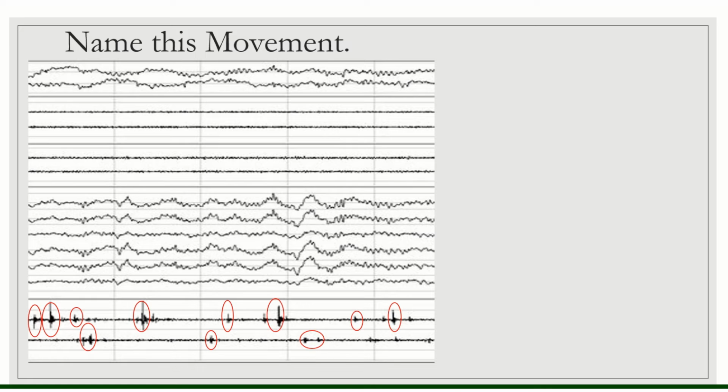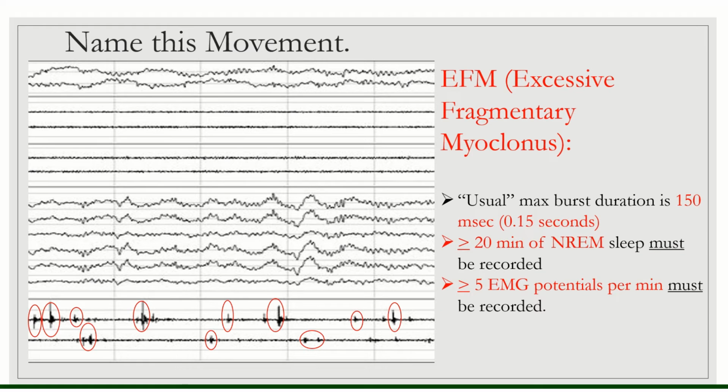All right, so name this movement. What do you think this movement is? This movement is excessive fragmentary myoclonus. Now, when you do your inter-scorer reliability, I'm pretty sure you see things like this all the time.